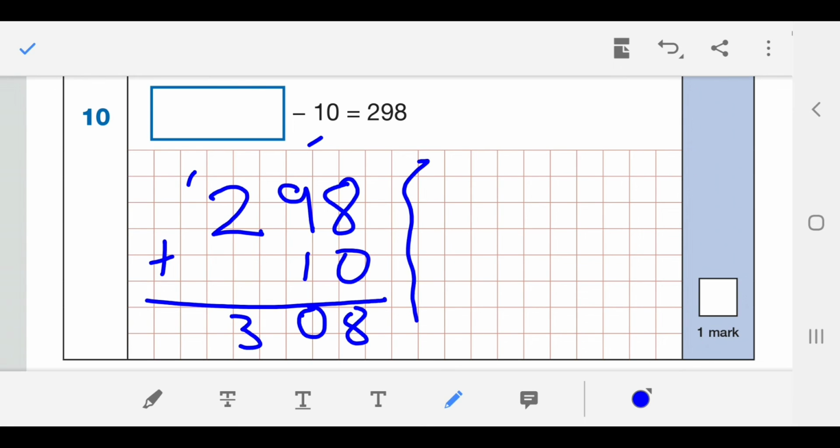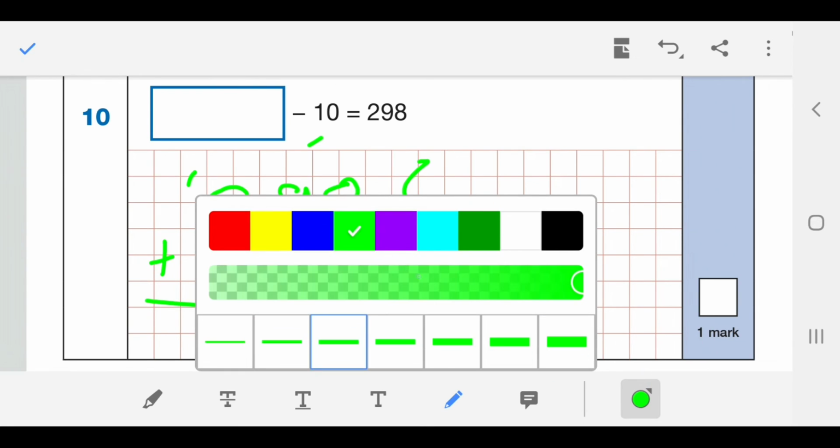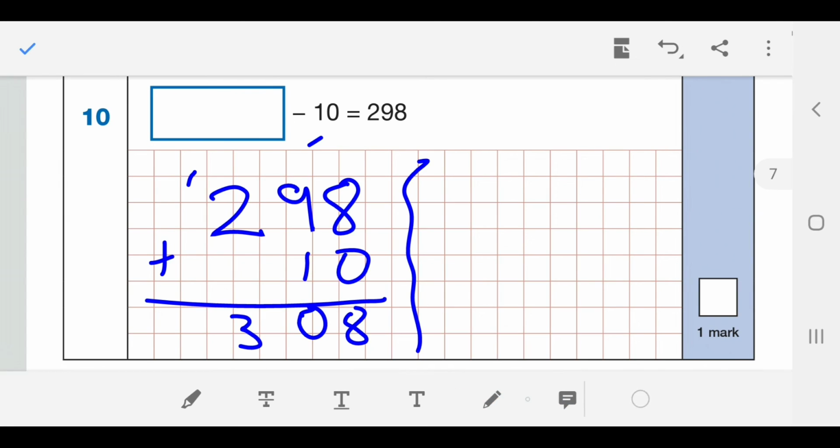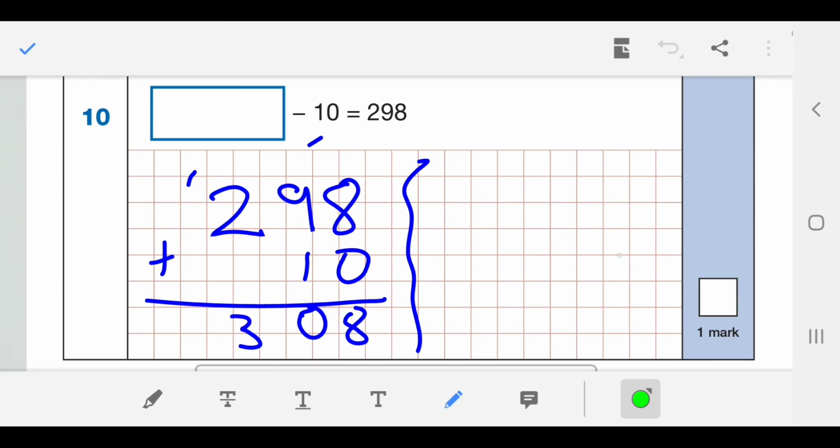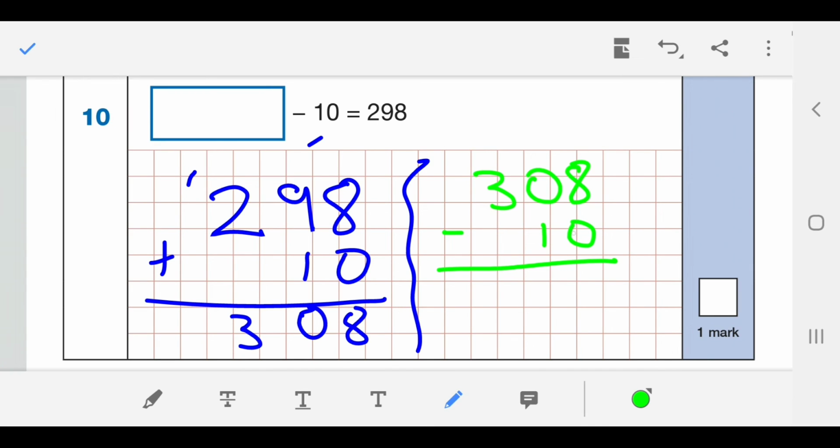Now if you want to check this, we can do so by having the original question. So 308 subtract 10 should give us an answer of 298. So 8 subtract 0 is still 8. 0 minus 1 not possible, so we're going to borrow from here.